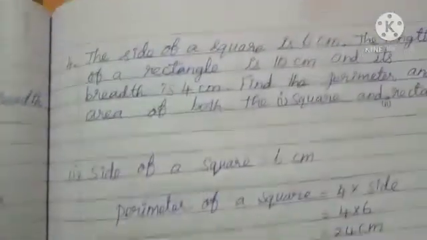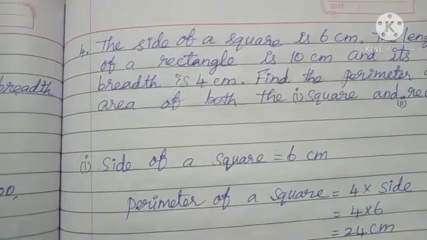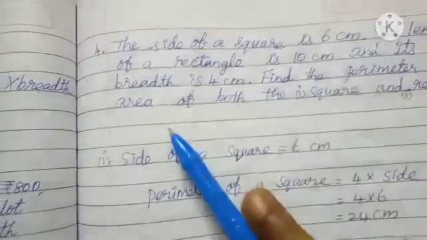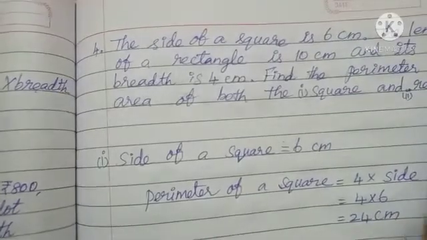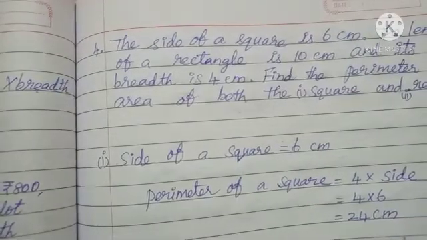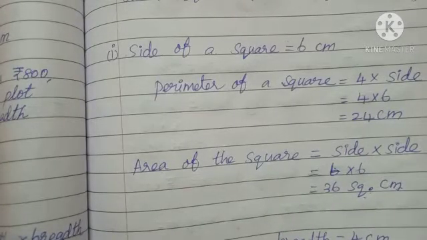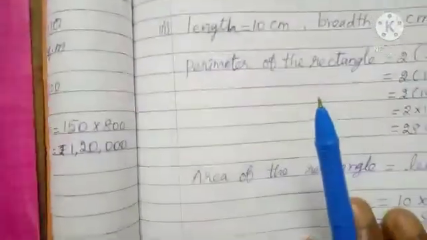So this is the fourth sum: the side value is 6 centimeter, that is the square, and the next is the rectangle with length and breadth. Find the perimeter and area of both, so directly do 2 types: side value for perimeter and area, then length and breadth for perimeter and area.